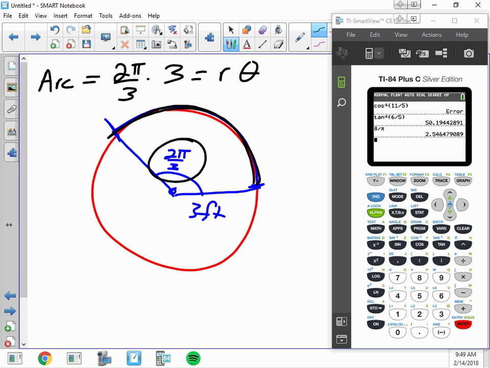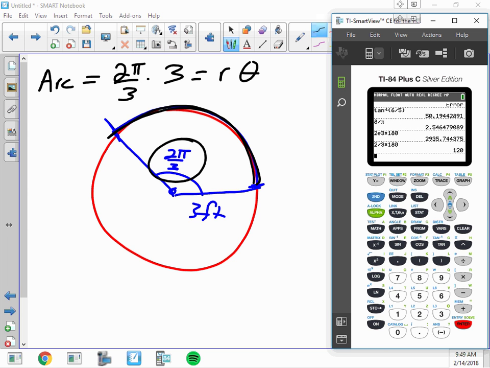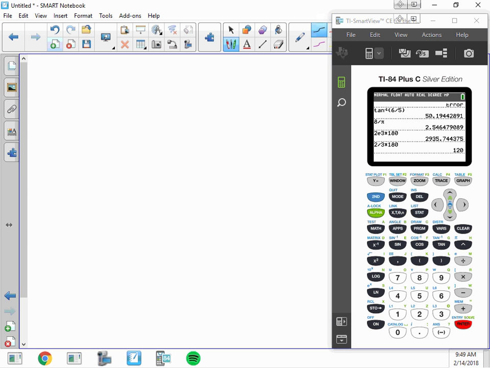Now, what would that formula be in degrees? So watch this. So 2 over 3 times 180 is 120 degrees.